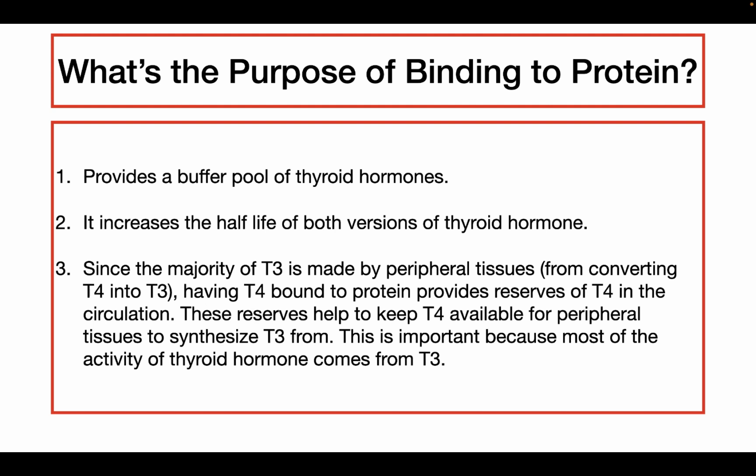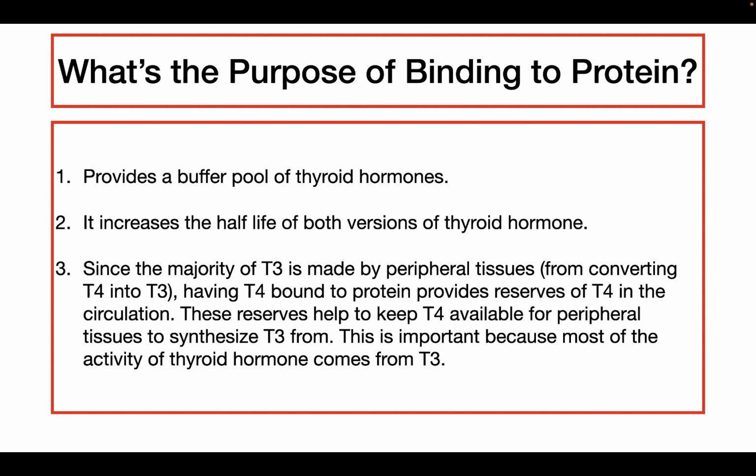Let's now talk about the other two reasons. The second reason is that by binding thyroid hormone to a protein, the half-life of thyroid hormone is going to be increased. In other words, thyroid hormone lasts longer in the circulation. The third reason is that the majority of T3 is going to be produced by the peripheral tissues, and in order to synthesize T3, we need to have T4.